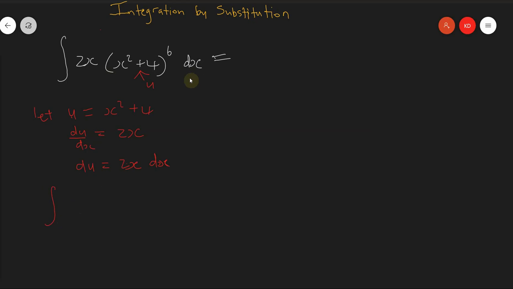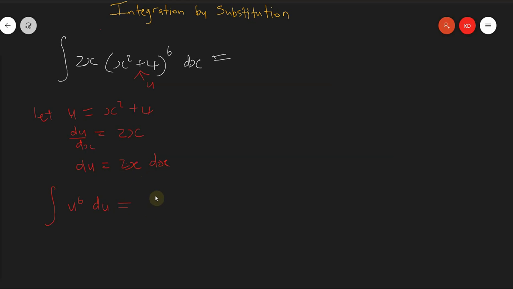So 2x dx would be du, and we would replace what's in the bracket here with u. So we would have u to the 6th power, and we're integrating with respect to u, since we switched it out for 2x dx. Now we would just integrate using the power rule, right?